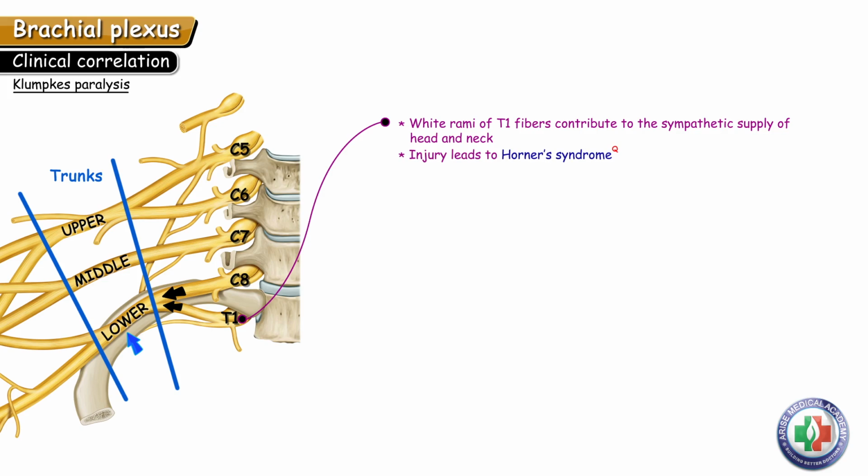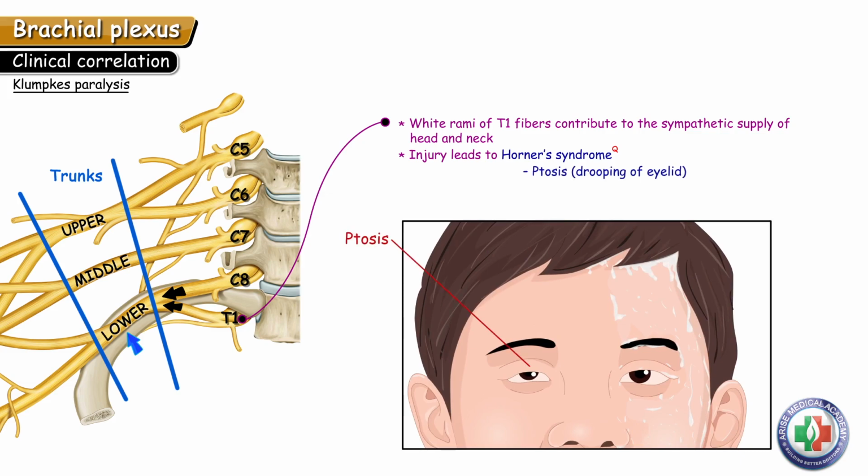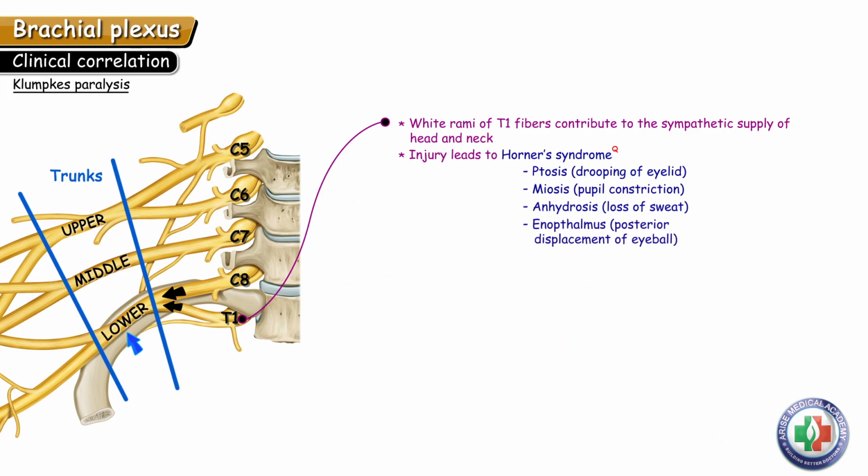Horner's syndrome consists of ptosis, that is drooping of the eyelid, miosis, constriction of the pupil, anhidrosis, loss of sweating, and enophthalmos as well as loss of ciliospinal reflex. So, Klumpke's paralysis is also associated with Horner's syndrome.